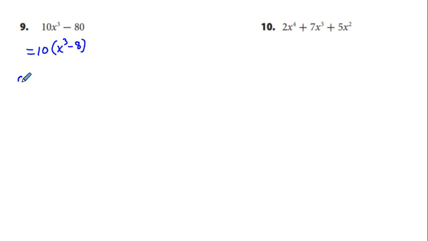In this case, a is going to be equal to our cube root of x cubed, which is x, and our b is going to be equal to the cube root of 8, which is 2.